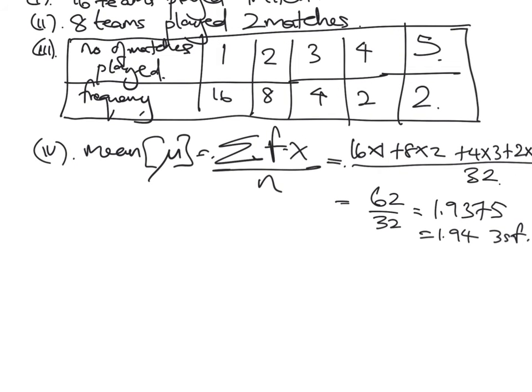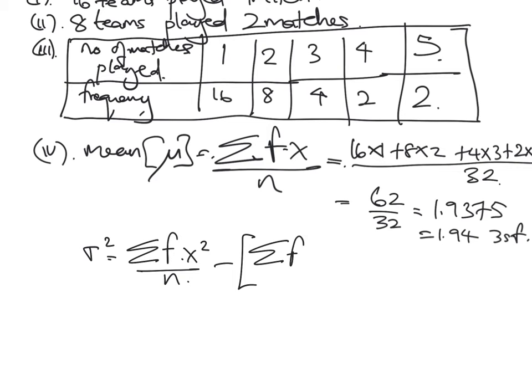Now to find variance, the formula is summation f times x square over n minus mu square, or the summation of f times x over n, square. So this should be the summation of f, which is 16 times 1 square. Okay, we don't have to write summation at this point because we know we're going to add that.